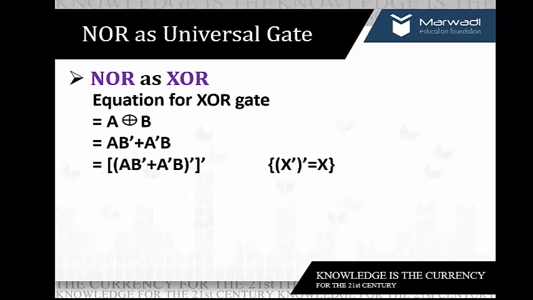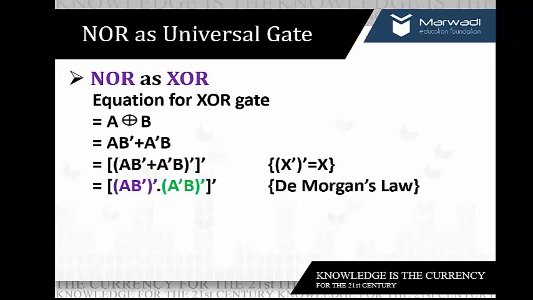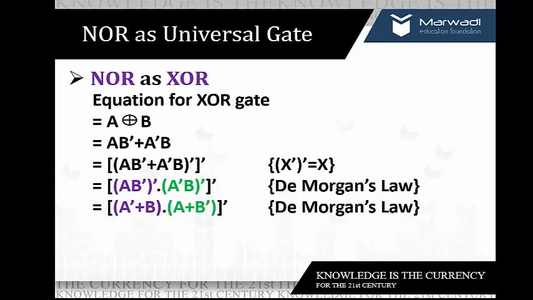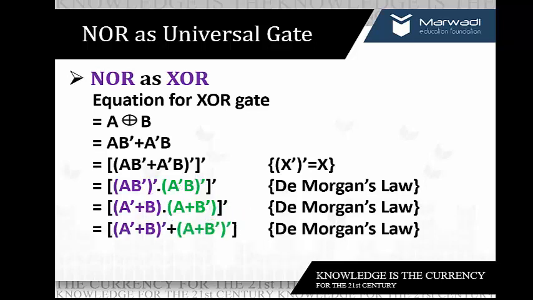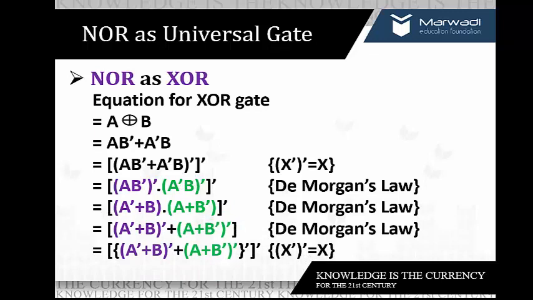On application of double complement rule and then De Morgan's law, I will be getting the simplified solution, which is still not in the form of NOR gate. So I will again apply De Morgan's law twice to the equation, and thereby I will be getting a simplified equation.